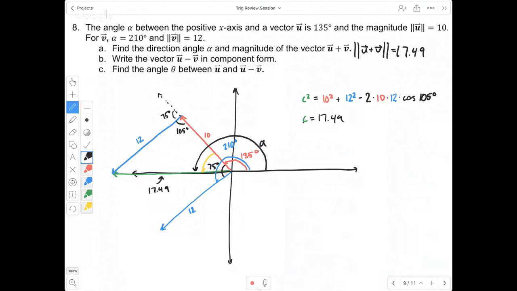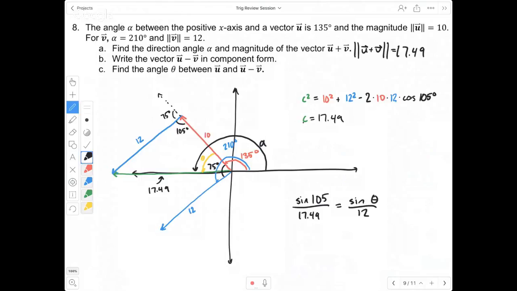So to find the yellow angle, I'm going to call the yellow angle theta. To find theta, I want sine of 105 over 17.49 equals sine theta over 12.